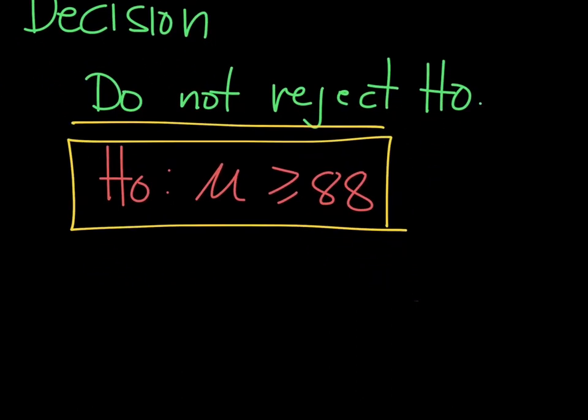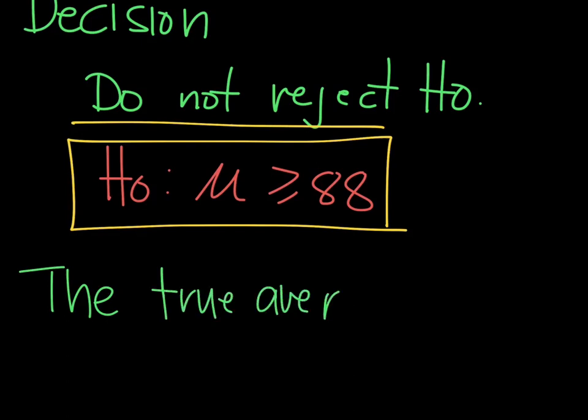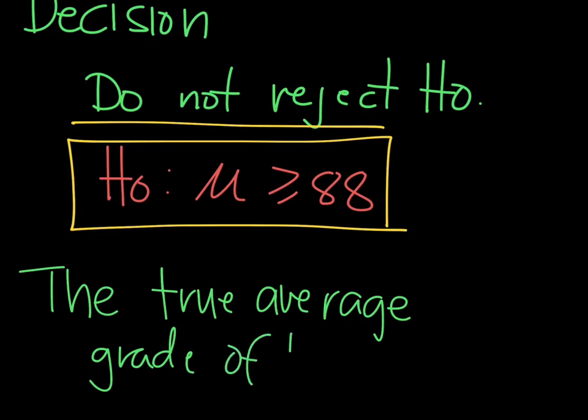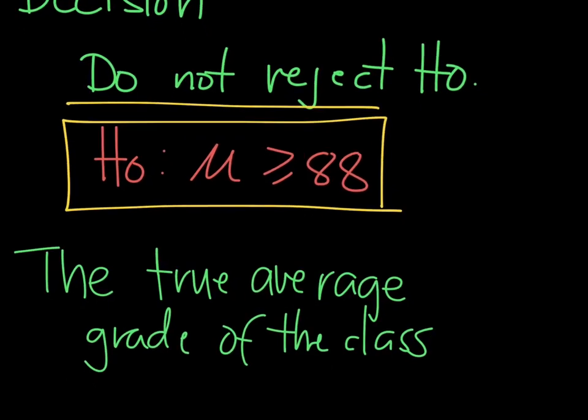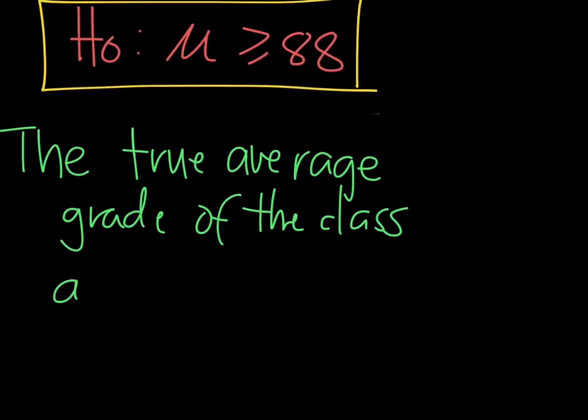So with this, we can say that the true average score, or the average grade rather, of the class in math is at least 88.